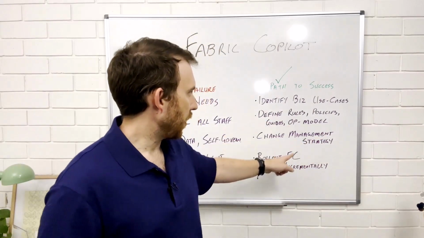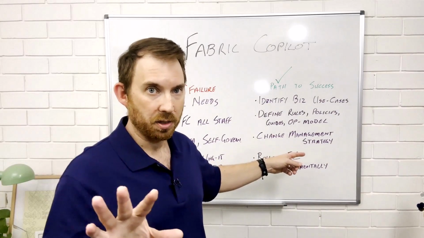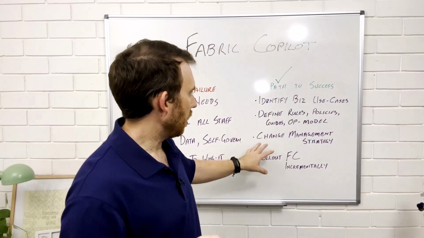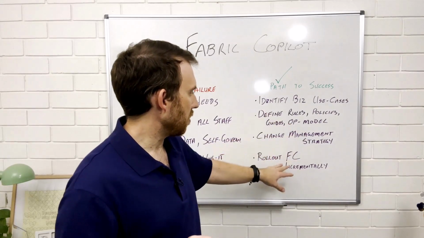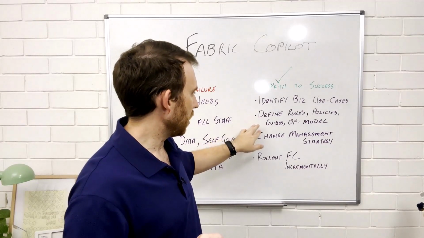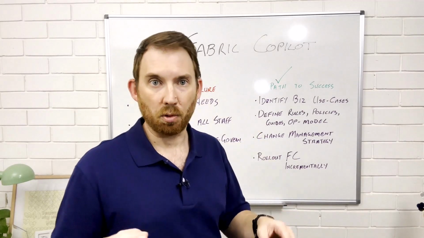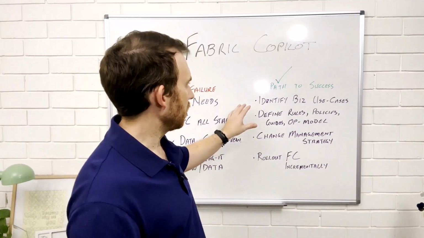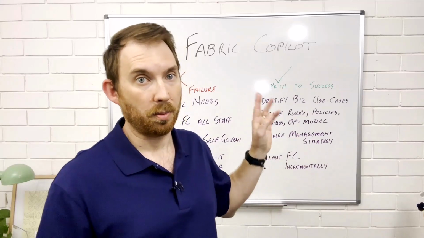This all cycles back, in my view, and I'm paraphrasing David's talk, to incrementally improve the operating and governance models and your change management. I certainly agree with the sentiment Dave shared that this will put you on a path to success with Fabric Copilot.